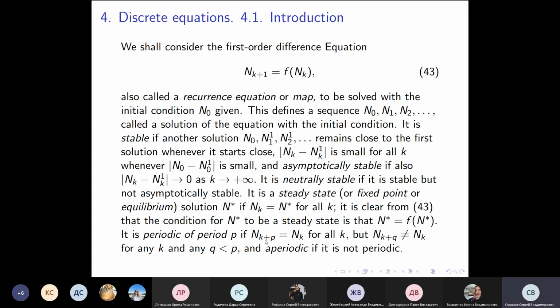Because, for example, a periodic of period 2 will also be periodic of period 4, 6, 8, and so on. So we call it periodic of period p if p is the minimum of all possible periods.